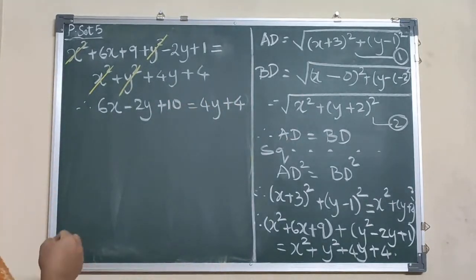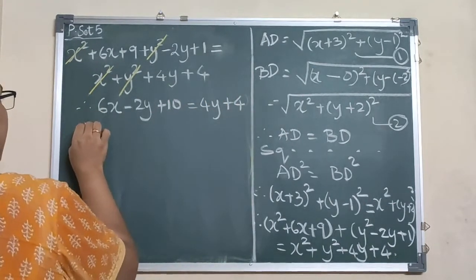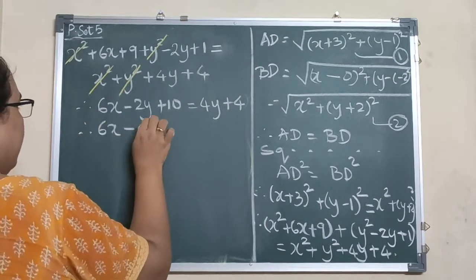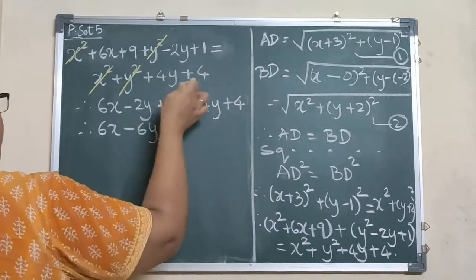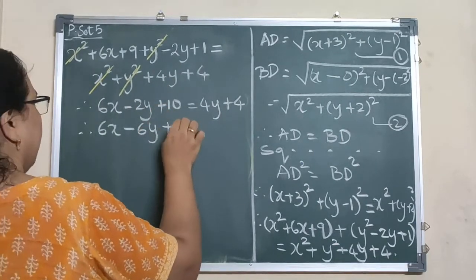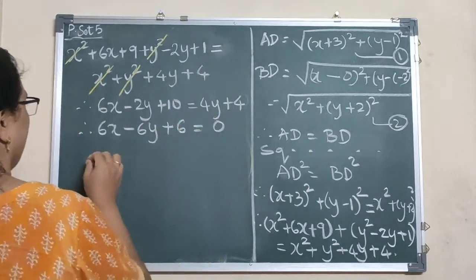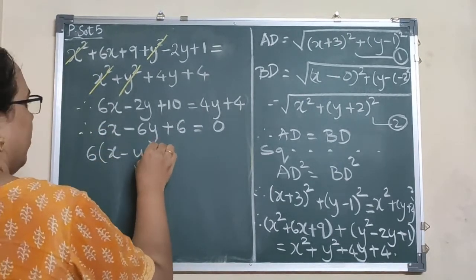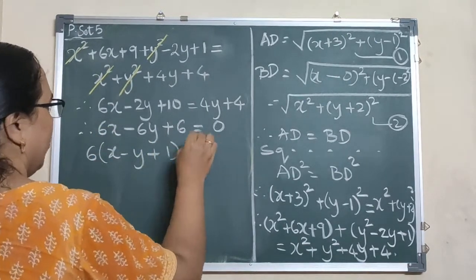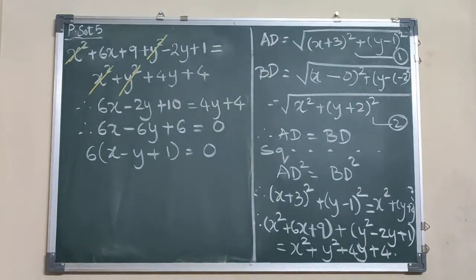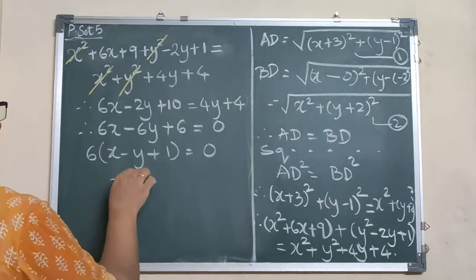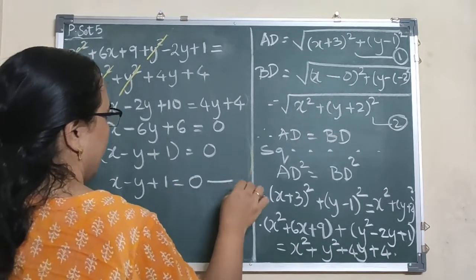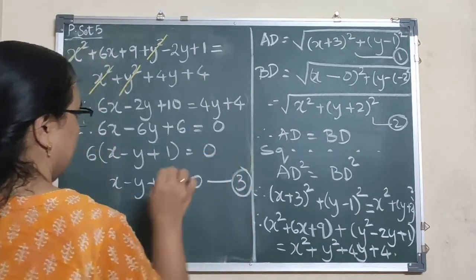Now, we solve this further. Therefore, 6x minus 6y, when this plus 4 comes to this side, plus 6 equals 0. So, what can I take out common? I can take out 6 common, so you get the equation as x minus y plus 1 is equal to 0. That is your equation number 3.